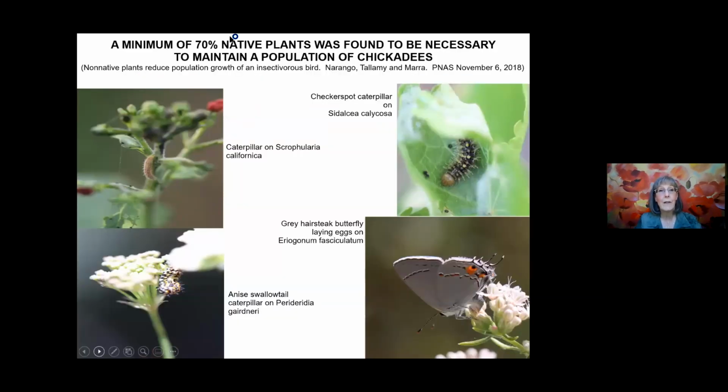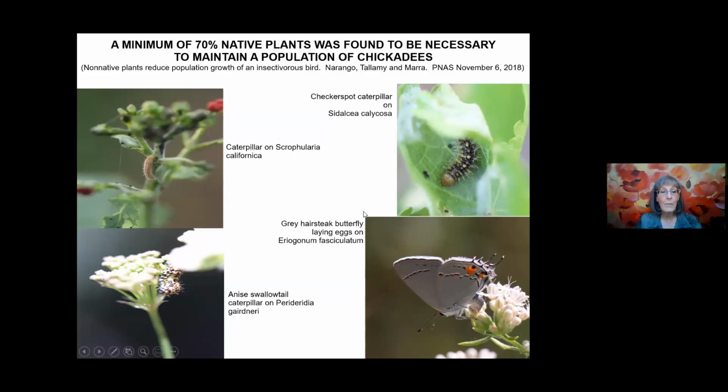So again, 70% native plants are needed to maintain a population of chickadees. And these are photos that I've taken in my own gardens. Here we have a caterpillar on Scrophularia, another one on Sedelcia, a gray hair streak butterfly actually laying eggs on Eriogonum, and then an Anise swallowtail caterpillar on Proteridia.